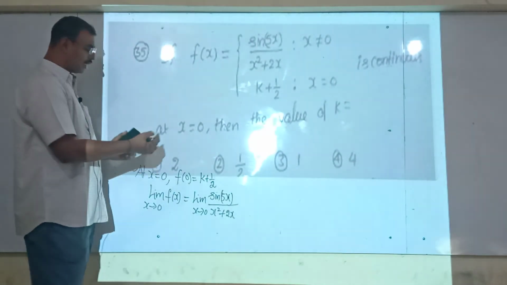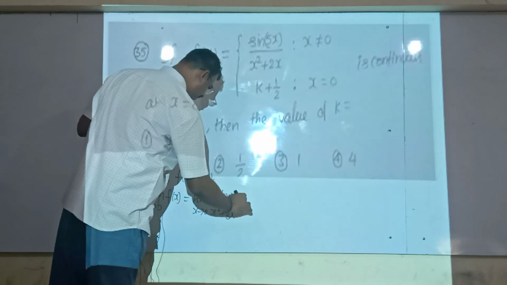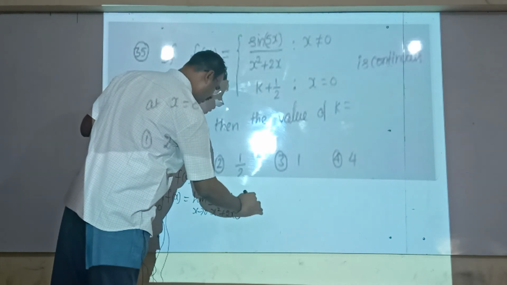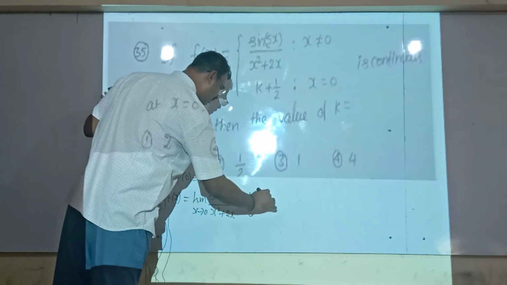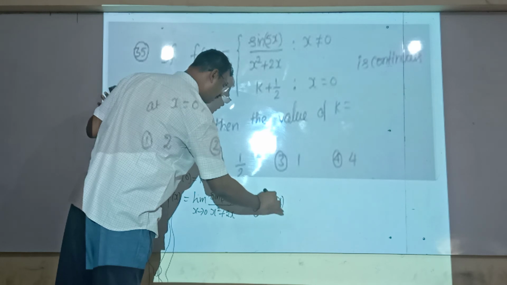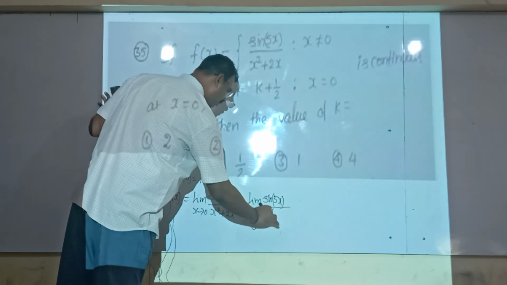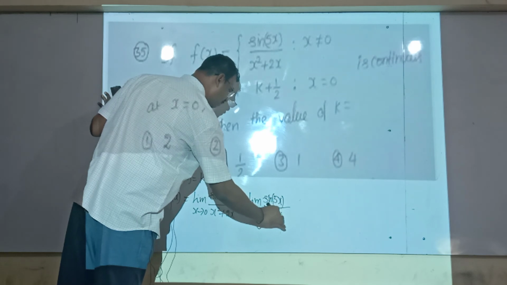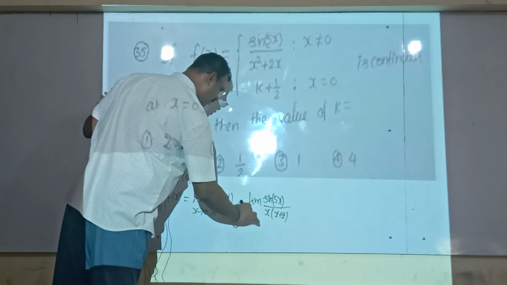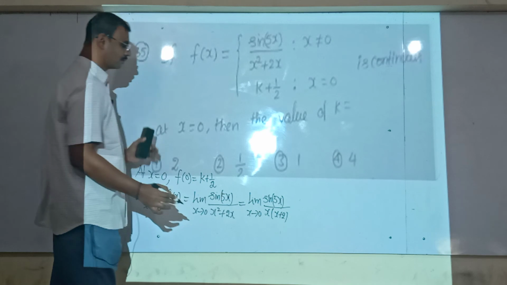Directly also we can do it without using L'Hospital's rule. Limit of sin of 5x divided by, taking x common, x into x plus 2, as x approaches 0.